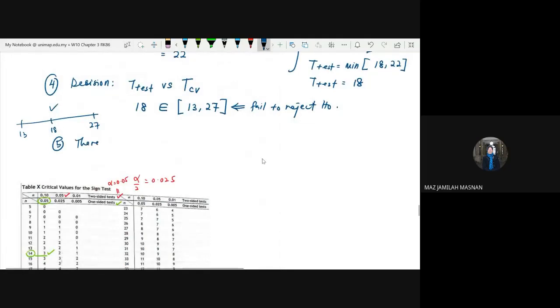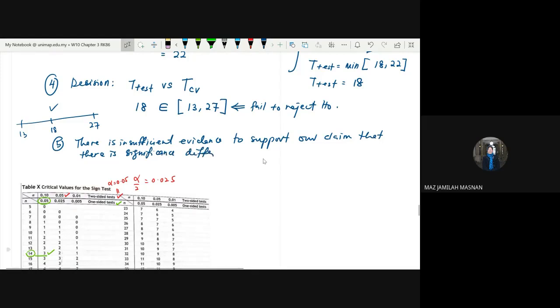Therefore, there is insufficient evidence to support our claim that there is a significant difference in the achievement between male and female students. Okay, so that's how you make your decision.